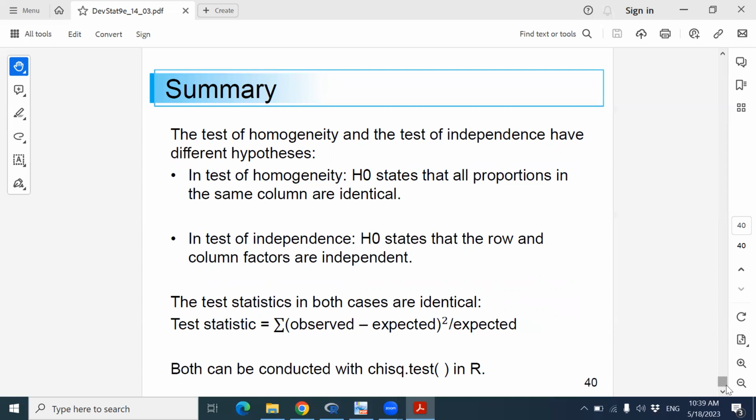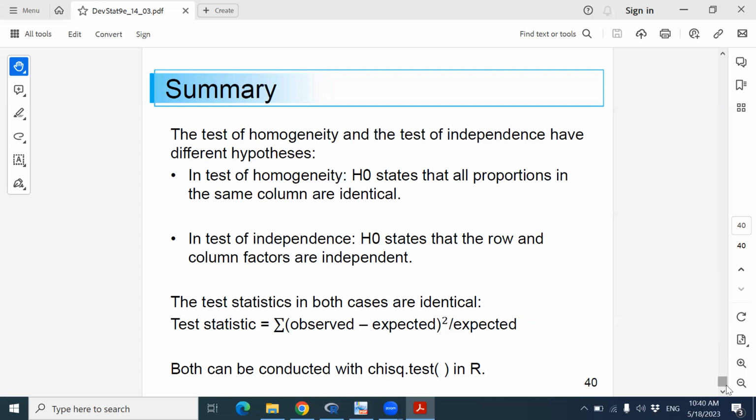In the homogeneity test, the different probabilities in the same column are assumed to be identical. In the independence case, we just say that the row and column factors are independent. Therefore, the cell probability Pij could be written as the product of the row probability times the column probability.